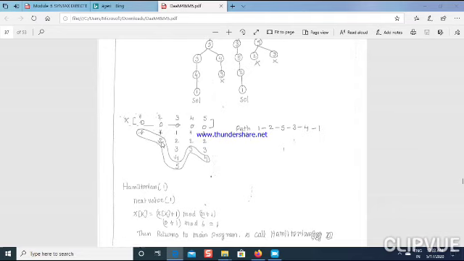Assume that this is a current vertex I want to consider in the Hamiltonian path. Then there should be a path from the previous vertex to the current vertex, and this vertex should not be a repeated vertex; it should be a distinct vertex, an unvisited vertex. It should not be a visited vertex.